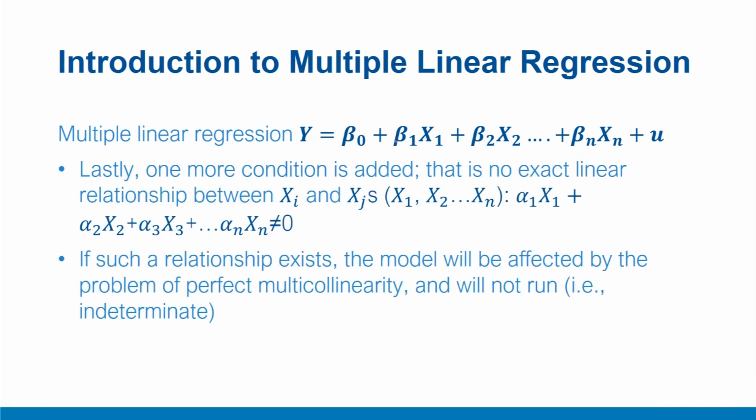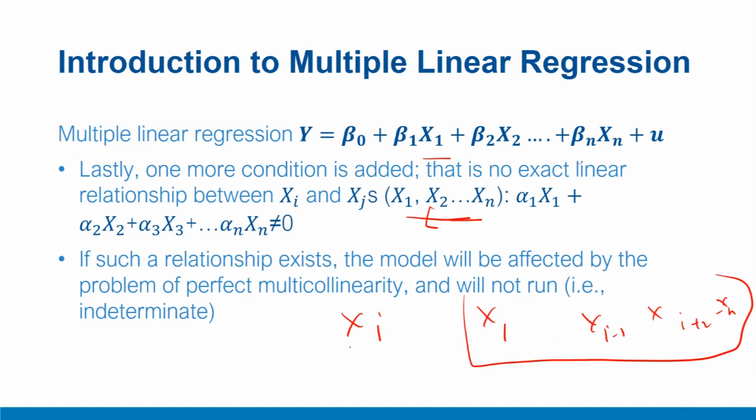Another very important condition for this model to work concerns collinearity. That is, all these xi's, let's take together x1, x2 and so on up to xn, none of the xi's can be explained by the remaining independent variables. For example, if I take xi, the remaining ones, x1 to xi minus 1 and xi plus 1 to xn, they cannot explain this xi completely.